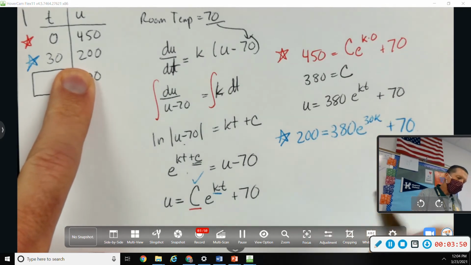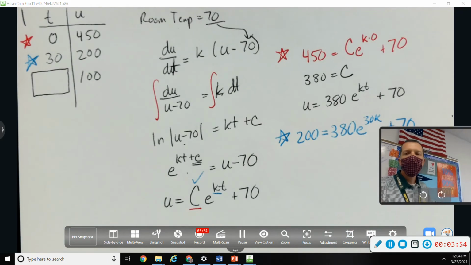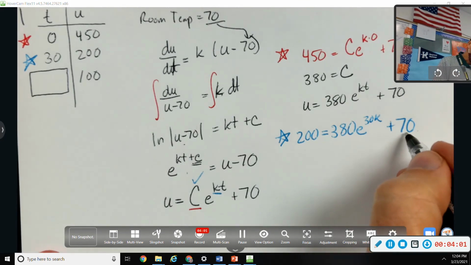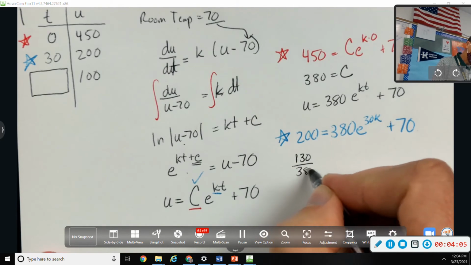So we plug in 200 for the temperature, 30 for the time, and then we'll move things around and figure out what K is. So subtract 70, divide by 380.